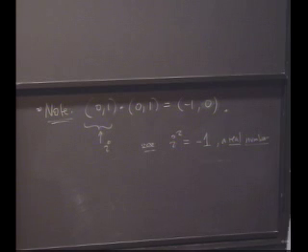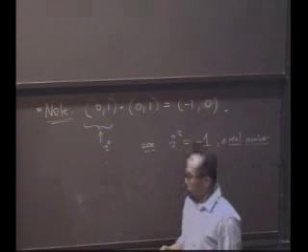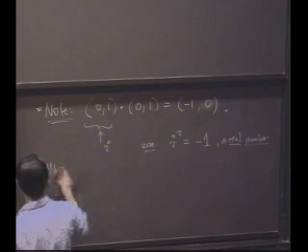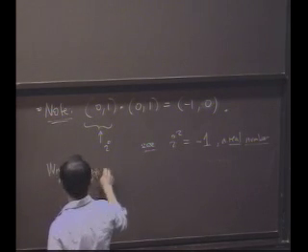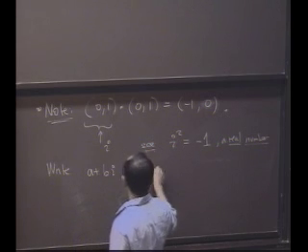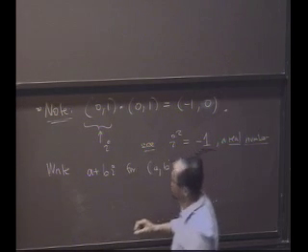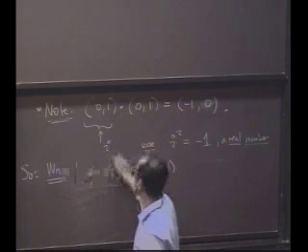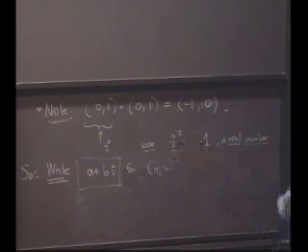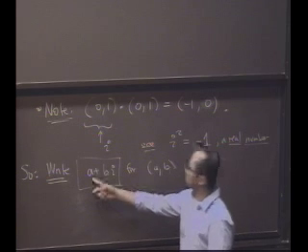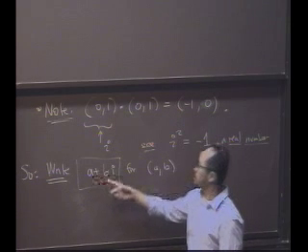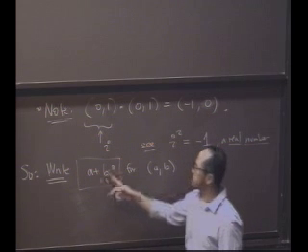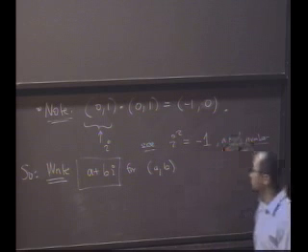Oh, that's beautiful. Okay. And so because of this, we often write a plus bi for the element a comma b. This is the more usual way of writing a comma b. We'll write it as a plus bi. Because after all, isn't it a times 1, 0 plus b times 0, 1? Okay.